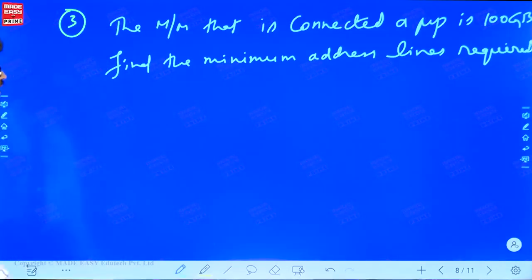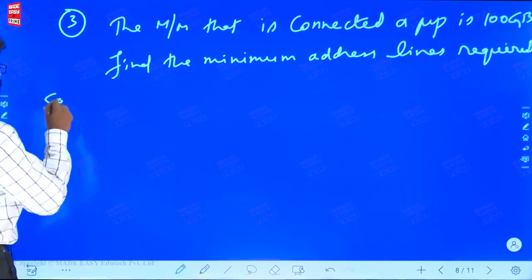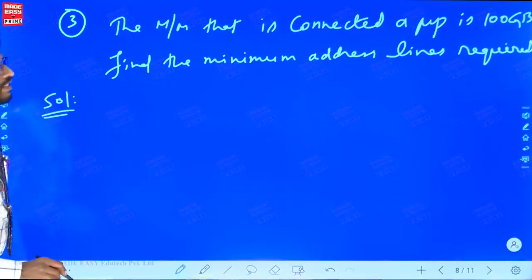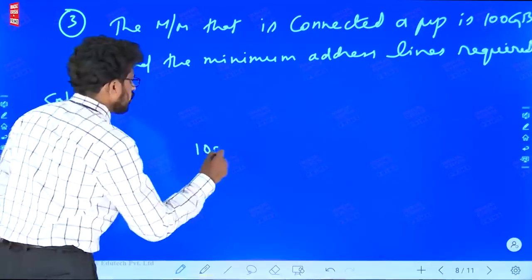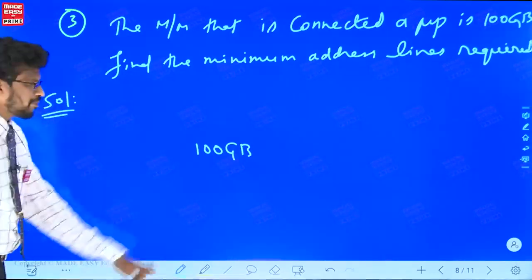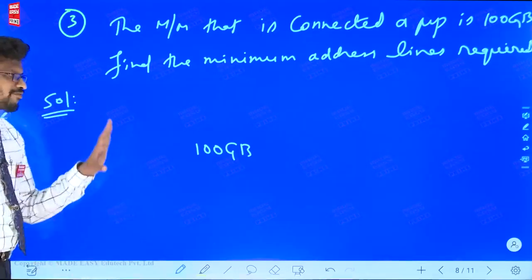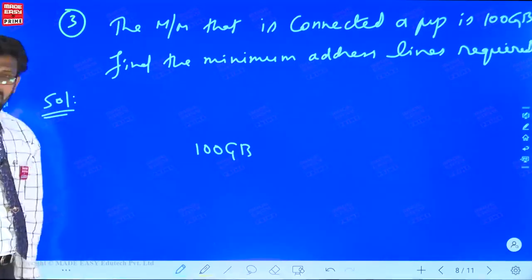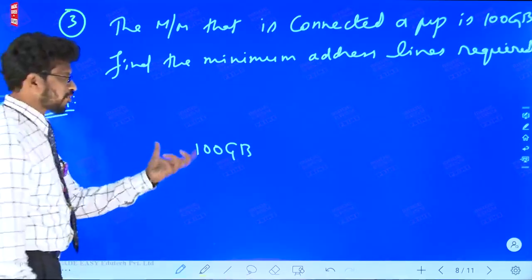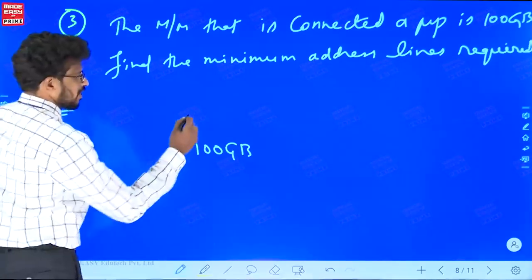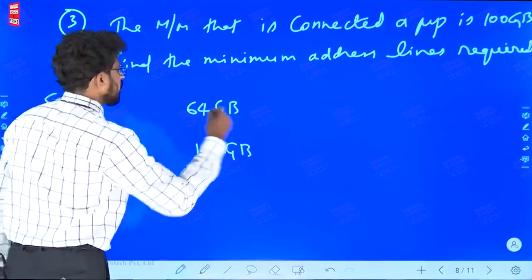Very simple. Now look at this. Is the capacity 100 GB? GB means it will be in the range of 2 power 30, that is confirmed. Is 100 a power of 2? No. What is the exact power of 2 before and after this? Before it is 64 GB.